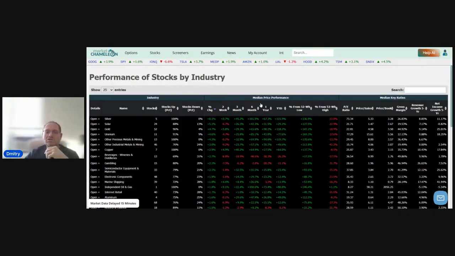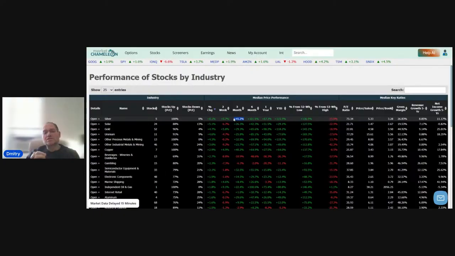Here we have 3 months, 6 months, 1 year, year to date. So we could see that these silver stocks wasn't just yesterday, but even if we look at a longer or expand that time span for 3 months, over 3 months, this group, the median performance was up 45%.